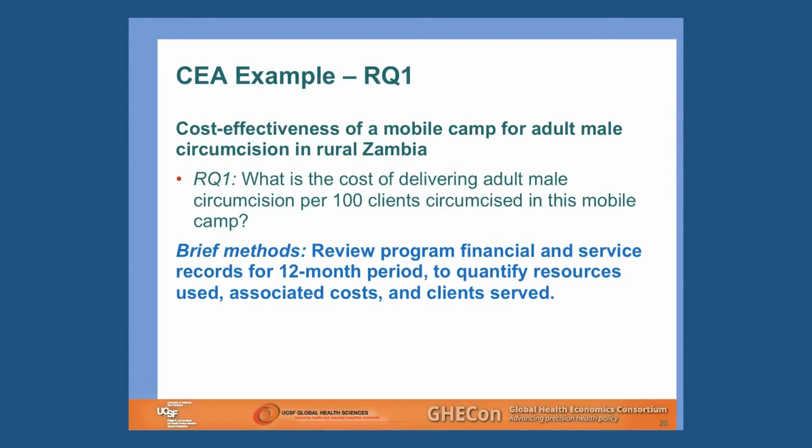Expenditure records much better reflect actual resources that were committed to, in this case, this mobile adult male circumcision camp. So you'd want to quantify all of the resources that were used for launching these camps, derive the costs associated with them, and then how many people were served by that expenditure of money. That would be one approach to addressing the first part of the analysis, this first research question.